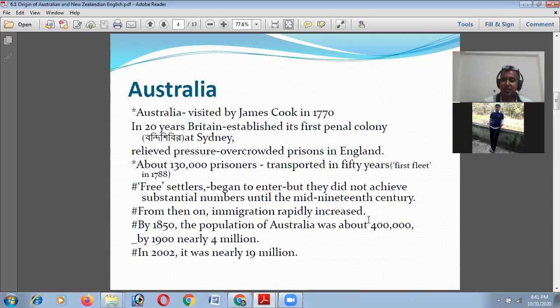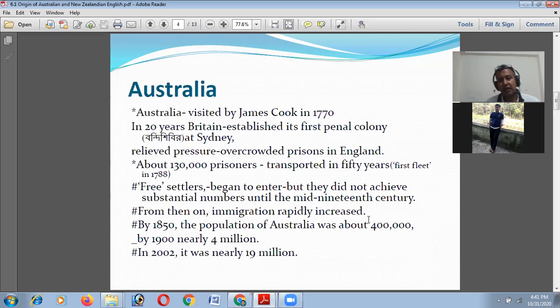To transport the jail prisoners from Britain to somewhere else, a place was necessary. And after 20 years of making Australia a British colony, the British government established Sydney, now the capital of Australia, as the penal colony of Britain.